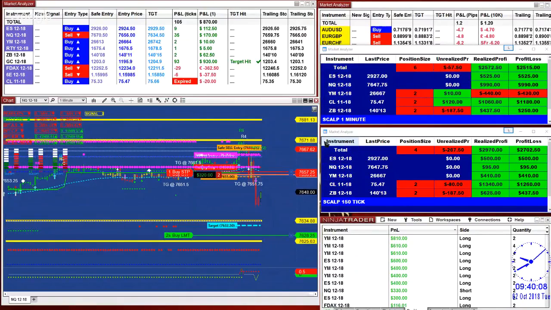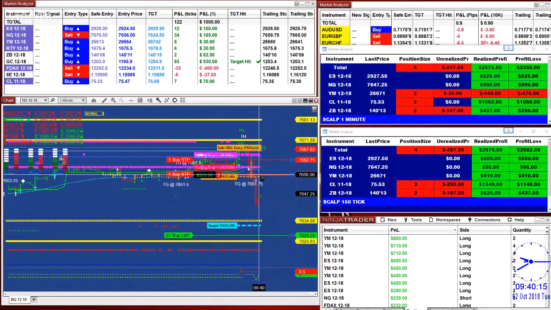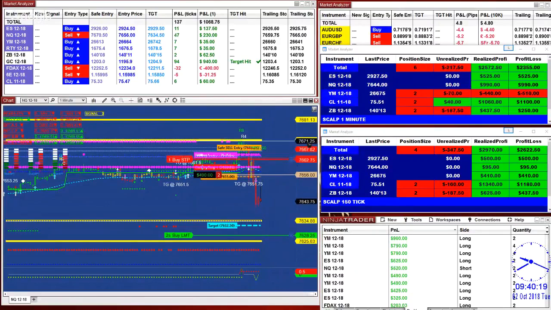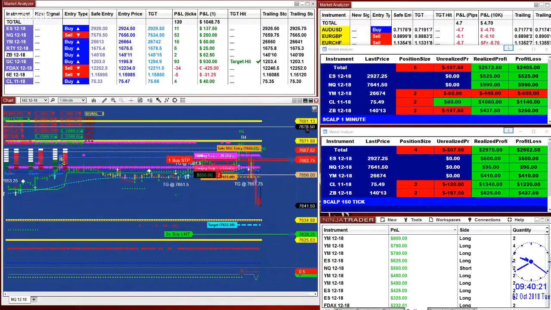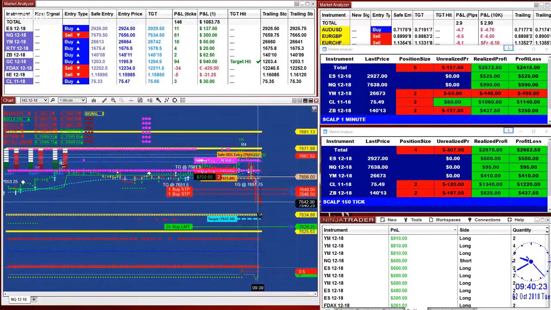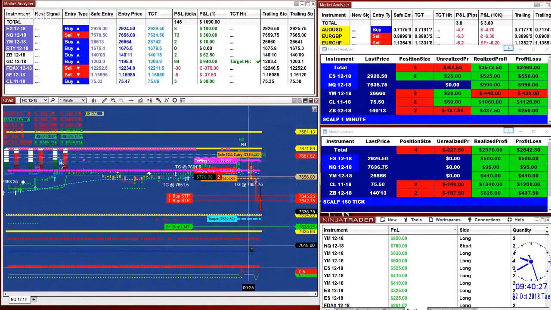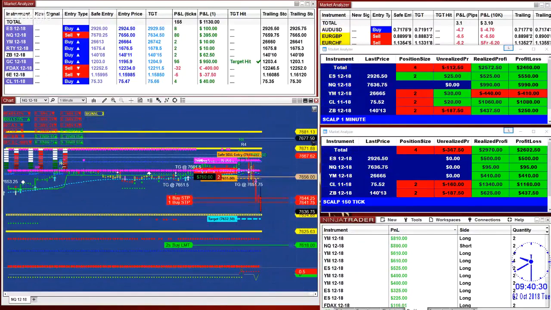We will be watching this market now, because the Nasdaq has dropped immediately. Of course there is a little pullback on that trade, and there we go, we are $600 on that trade, and this is a very damn good start for you today.